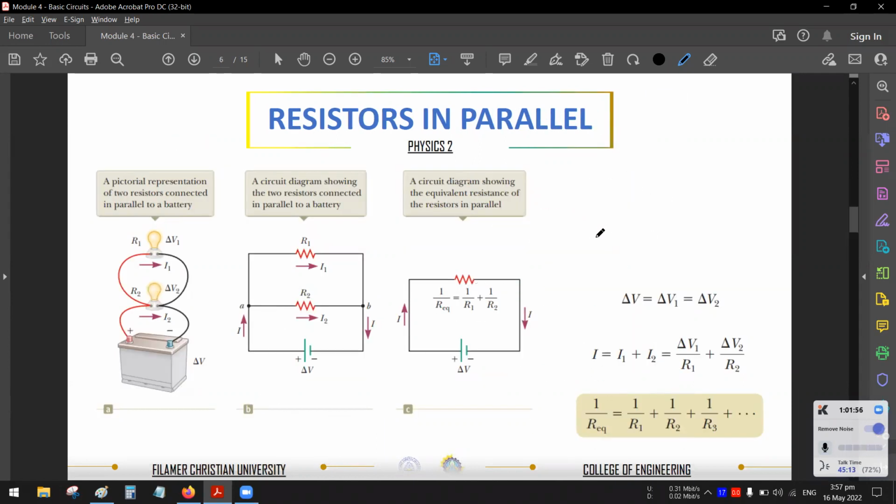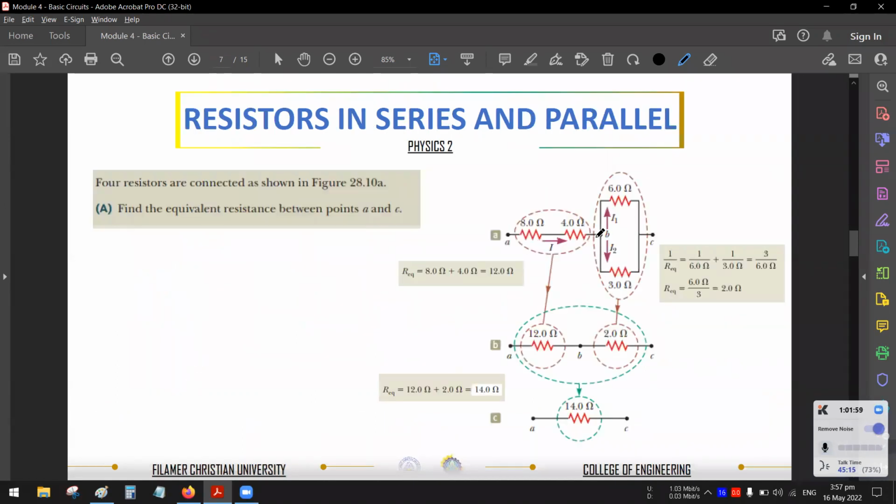So, meron tayo dito. So, this is a combination of series and parallel. So, meron tayong combination of series and parallel. Tingnan natin dito.